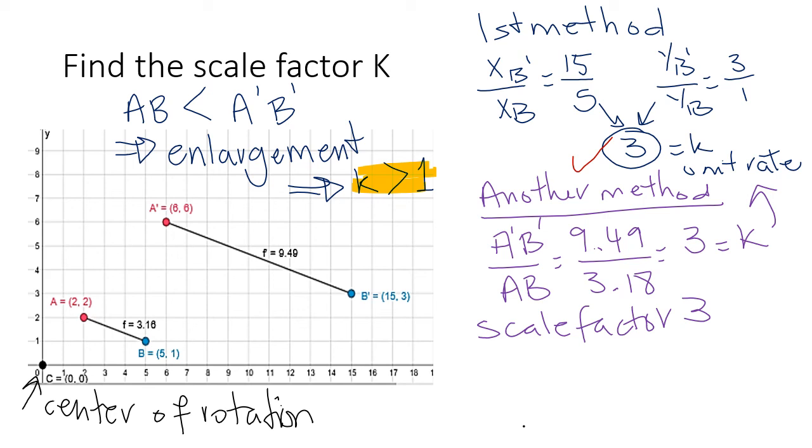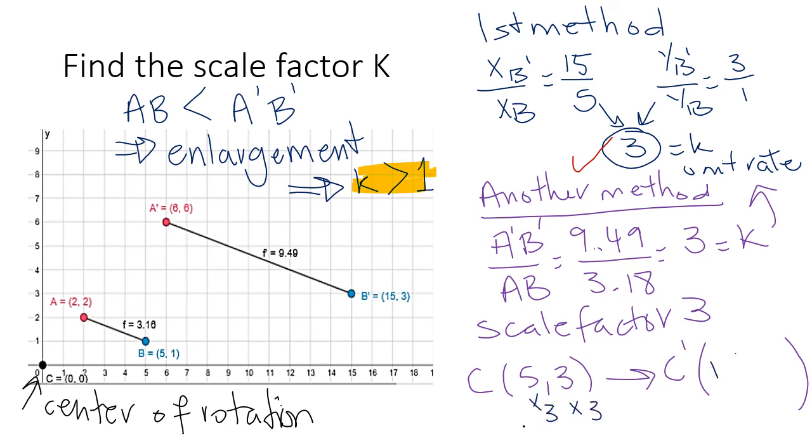Now, if I have C as (5, 3), what would be C prime? Simply, since I found the scale factor, which is multiplied, I just need to multiply each by 3.